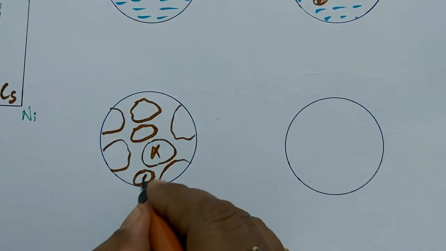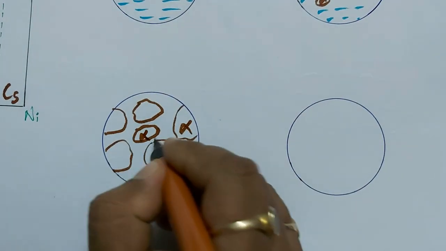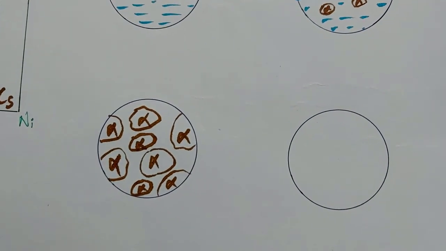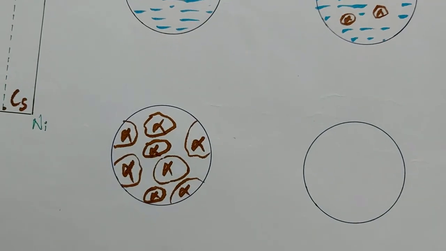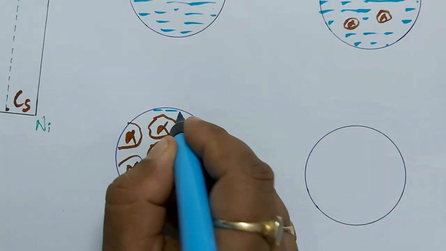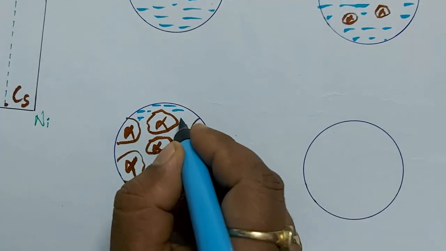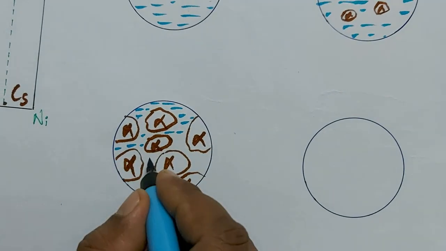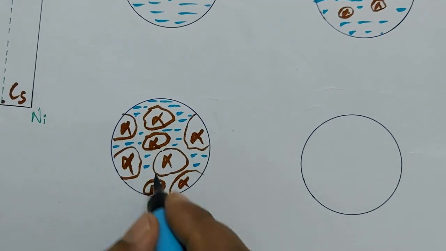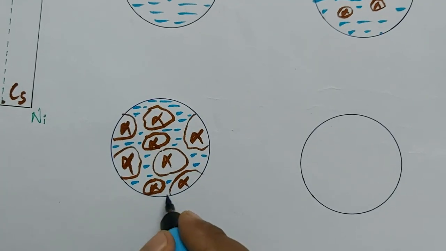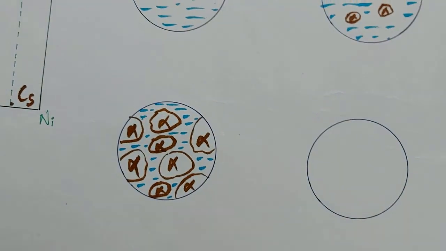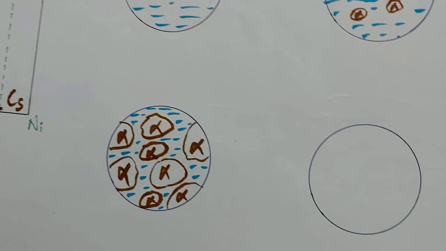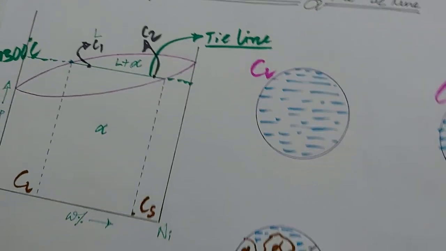So all these are alpha phase, and little amount of liquid phase. Like this. So this microstructure is for this C2 composition.